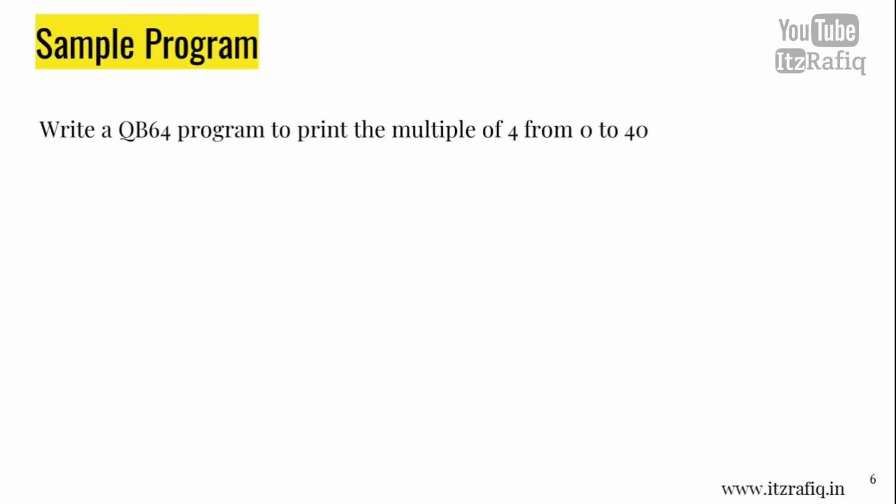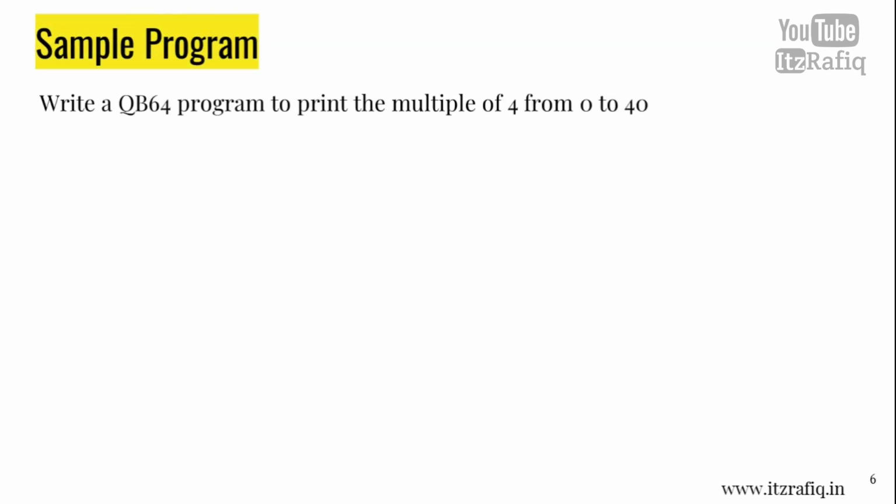A simple program: write a QBasic 64 program to print the multiples of 4 from 0 to 40. Solution: CLS. I think you already know what this line does. It will clear the screen, meaning it will clear all the previous output from the screen. FOR I = 0 TO 40 STEP 4.